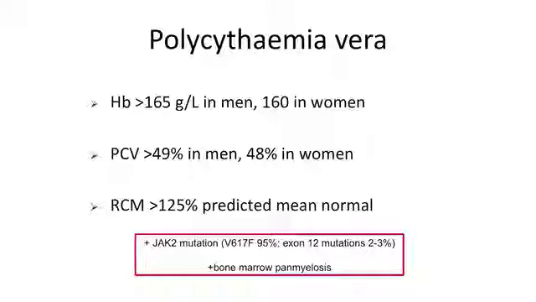So polycythemia vera is defined in the most recent edition of the World Health Organization classification as a high hemoglobin, so the cutoffs are written here, or a high hematocrit or packed cell volume. The packed cell volume is a very simple test. You take a tube of blood, you stick it in a machine and spin it, and it packs it down, and you get the cells at the bottom and the plasma, the liquid component of the blood, at the top.